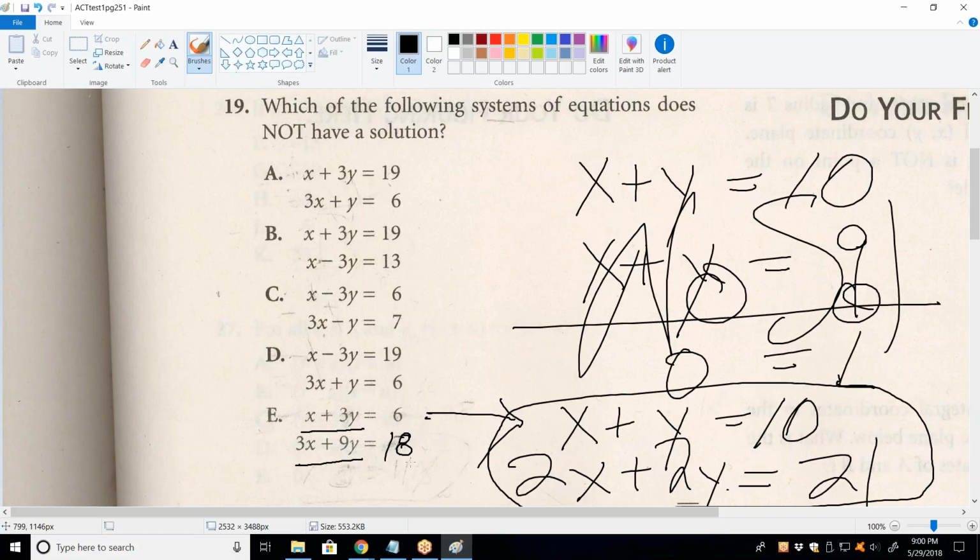And if it's anything other than 18, I've got no solution. And it's 7. So if I were to multiply top and bottom by 3 and then subtract, I would end up with 0 equals, let's see, 18 minus 7, 11. That's no solution.